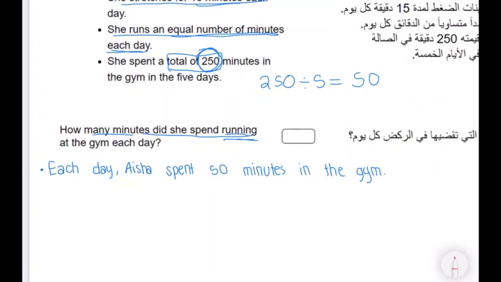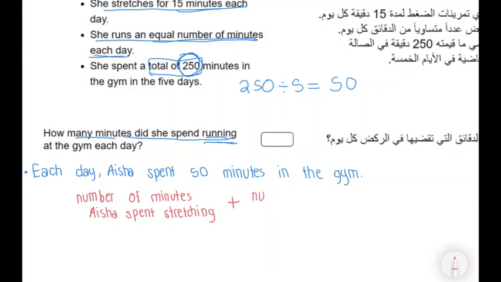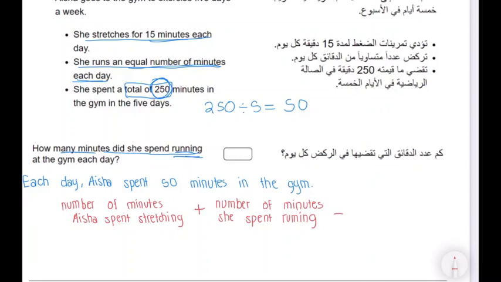The number of minutes she spent stretching, plus the number of minutes she spent running, and this equals 50, which is the number of minutes that she spent each day in the gym.